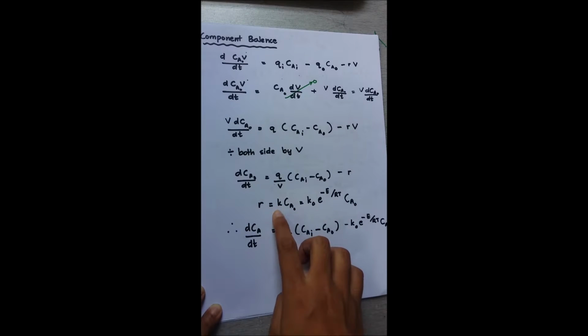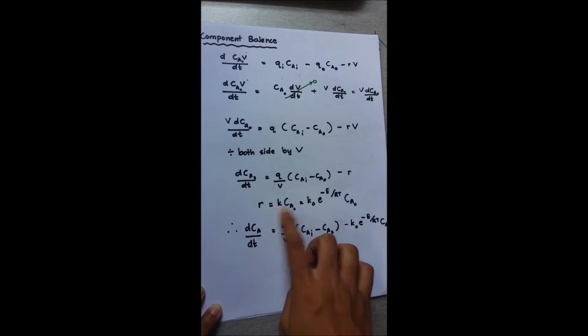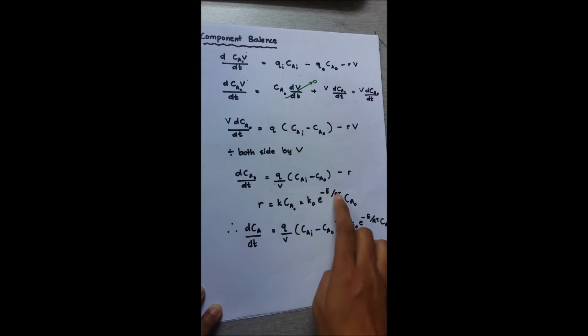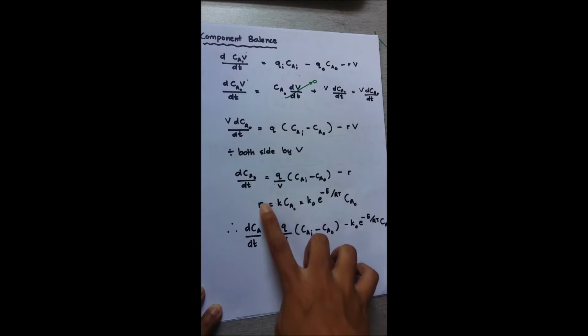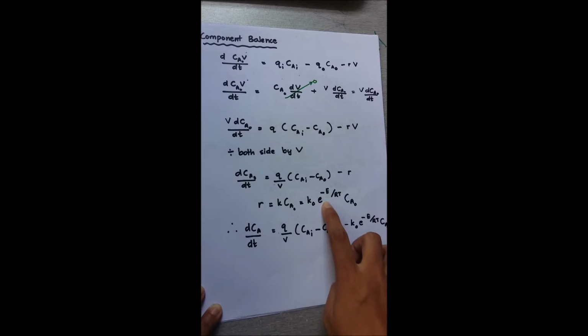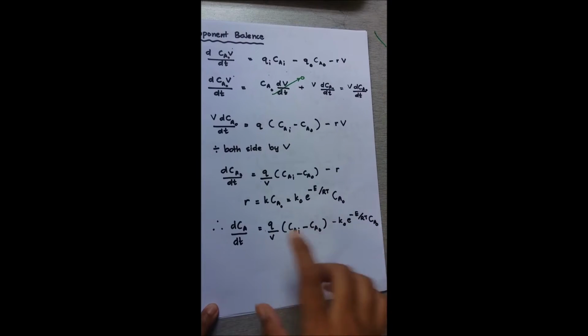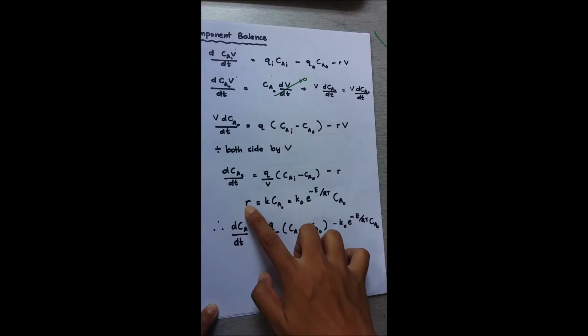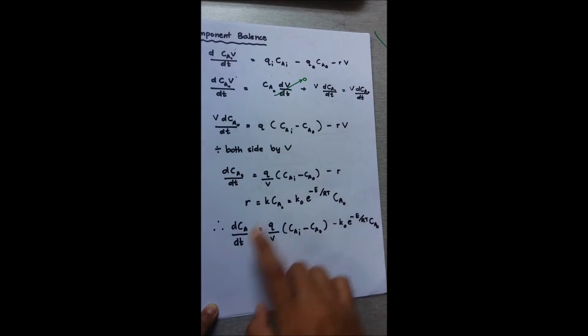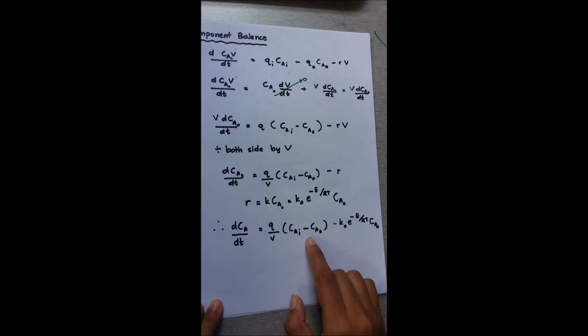R is equal to K CA naught, where K is equal to K naught e power of negative E by RT, and thus R will be equal to K naught e power of negative E by RT times CA naught. Then we put the R value back into here, so dCA naught by dt will be equal to Q by V times CAi minus CA naught minus K naught e power of negative E by RT times CA naught.